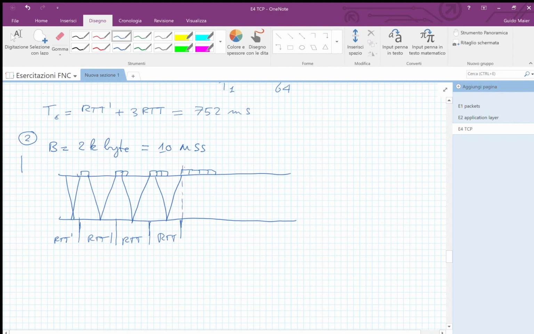This is TC. And we send 1, 2, 3, 4, 5, 6 segments. Then we have to send other just 4 segments, because then we send 10. So 1, 2, 3, 4. This is the final segment.